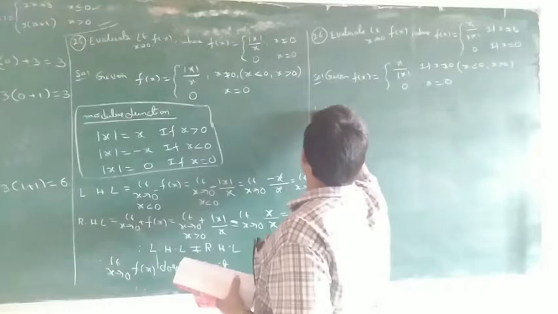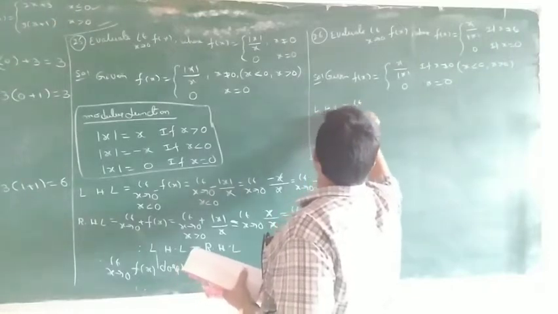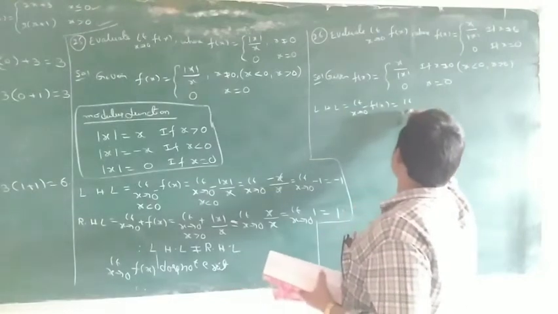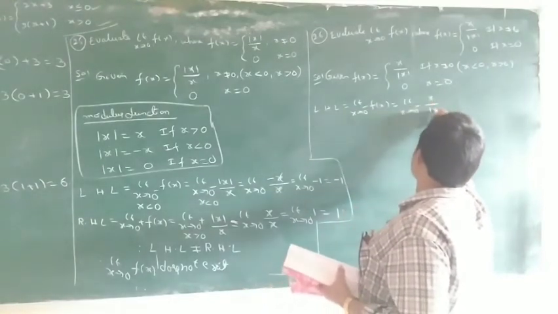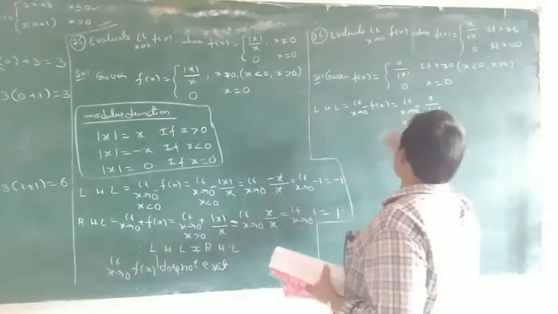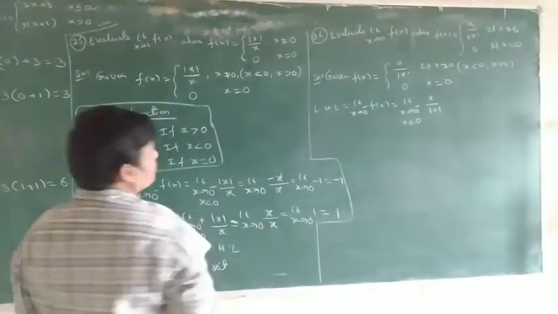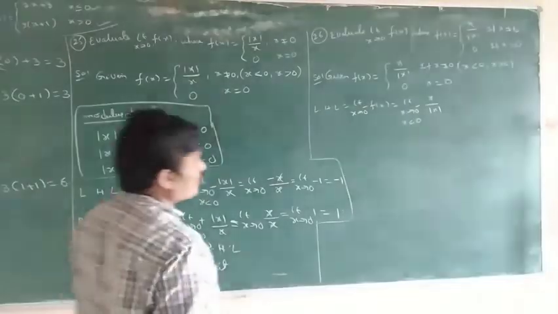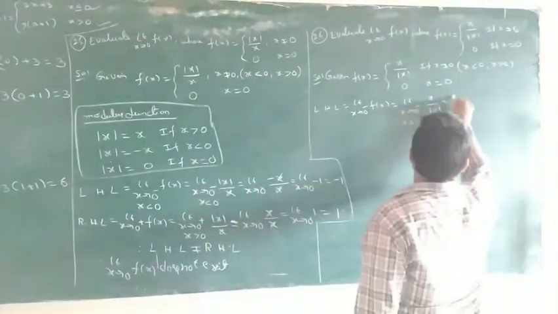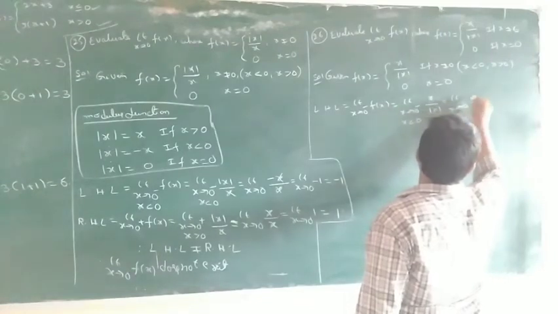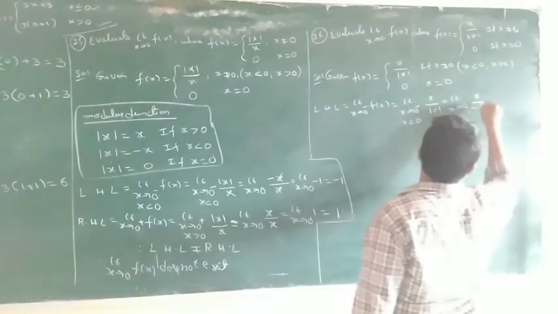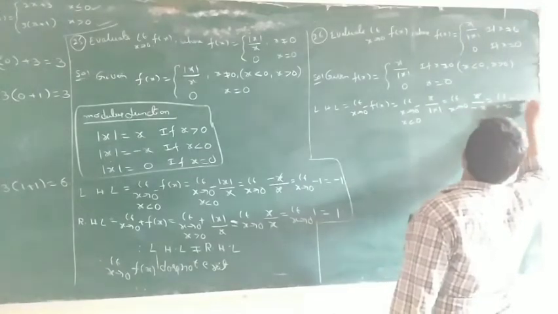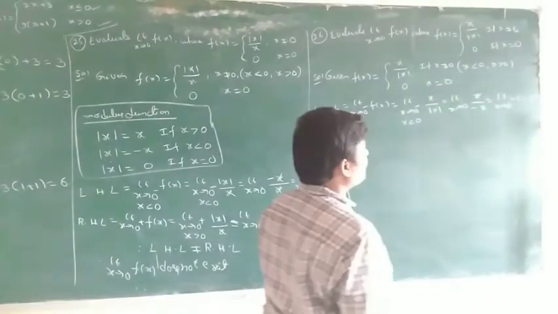So first of all, LHL: limit x tends to 0 minus f of x is equal to limit x tends to 0 minus x by mod x. 0 minus means less than 0, and for less than 0, mod x is equal to minus x. So that is equal to limit x tends to 0 of x by minus x. X cancels. So limit x tends to 0 minus of 1, limit of minus 1 is equal to minus 1.